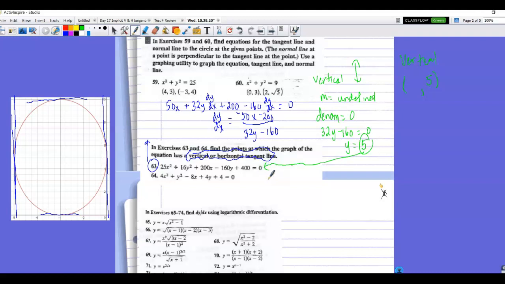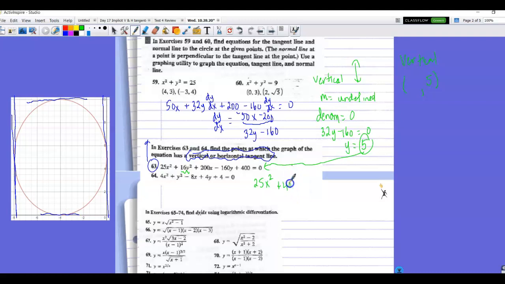I would certainly use a calculator here, but I would have 25x squared, and then 25 times 16 gives me 400.